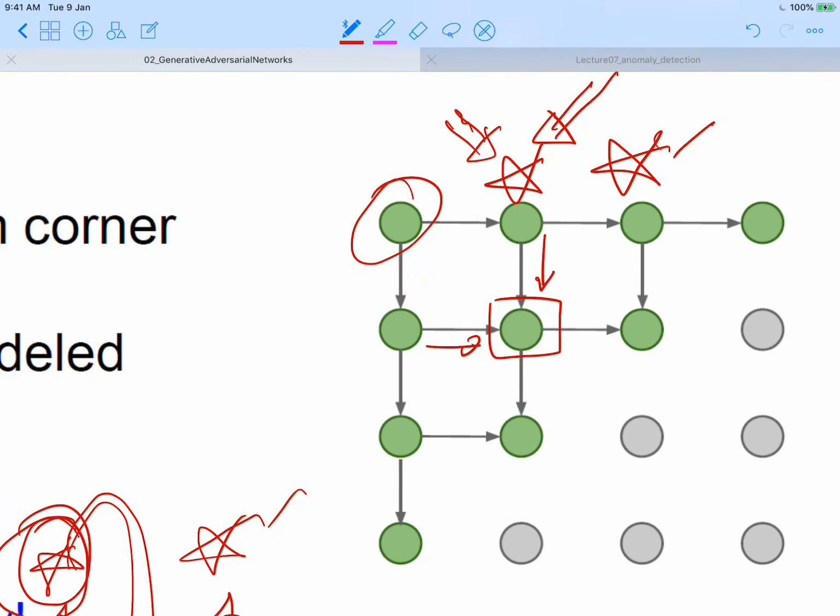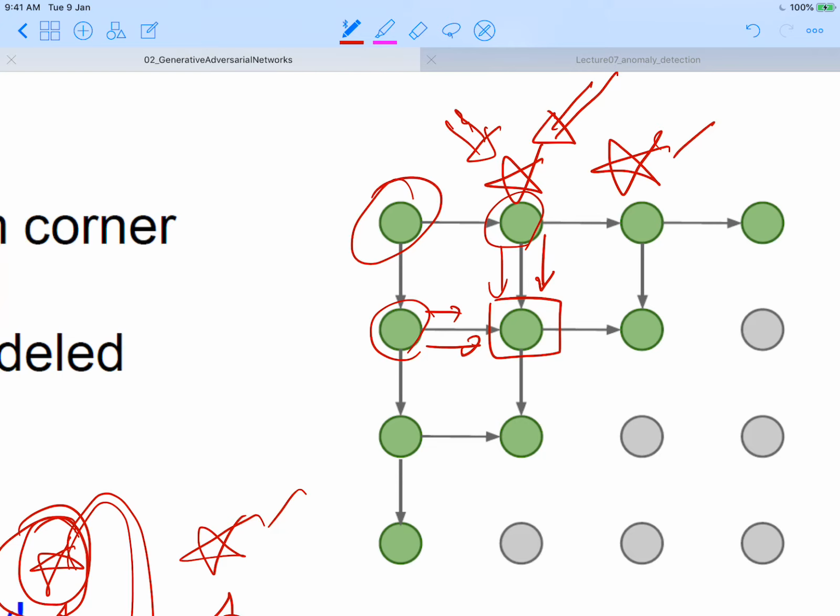Also, those two pixel positions will have their own RNN cells or LSTM cells that generate their own hidden state vectors. Those two hidden state vectors will also be concatenated into a new hidden state vector.